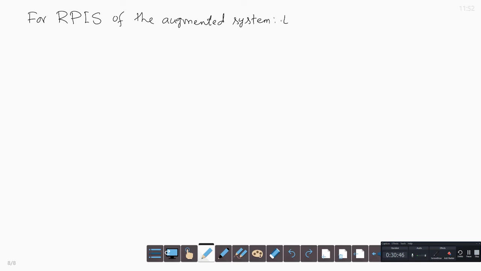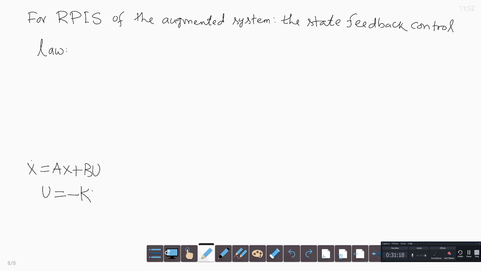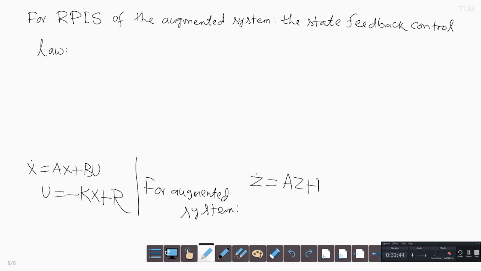For the regulation problem with internal stability of the augmented system, the state feedback control law: for the system x dot equals Ax plus Bu, the control law is u equals minus Kx plus r. This is for the original system. Now, for the augmented system, our equation is z dot equals Az plus B u dot.